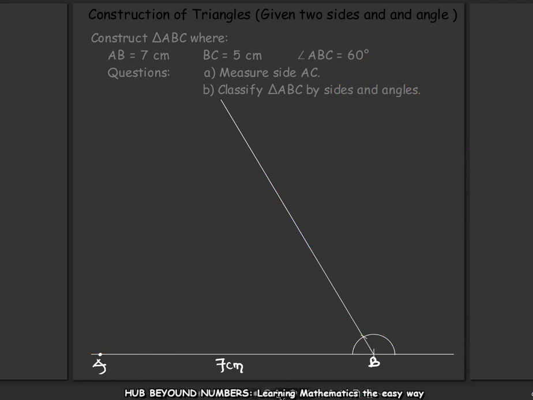Now that that is done, I can measure my BC, which is 5 centimeters. You take your compass and open it at 5 centimeters. Make sure it is exactly 5 centimeters. As you can see, I have it on the 5 centimeters.